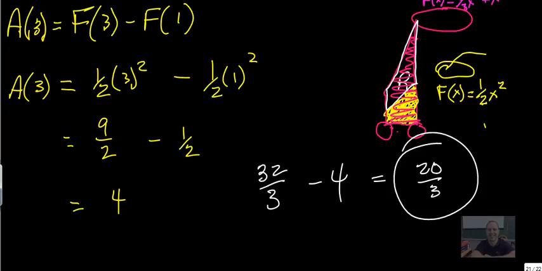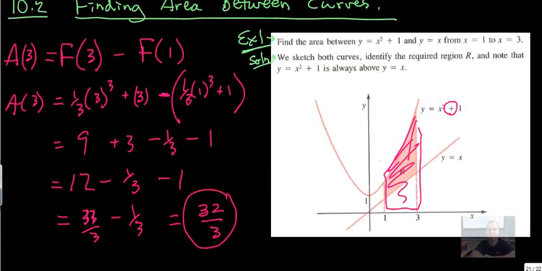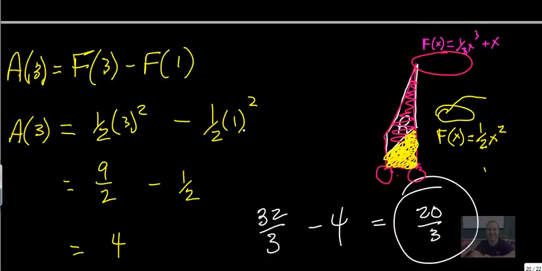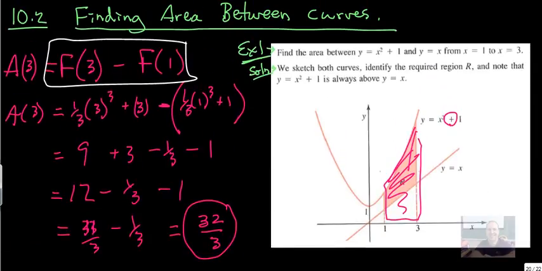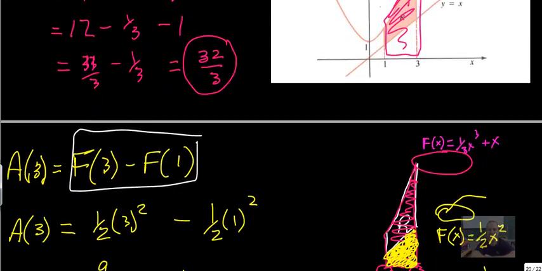Now that's taking separate areas and subtracting them. Now, as I mentioned before, because we're doing the same sort of thing for each antiderivative here, taking the difference, upper boundary, lower boundary, we can consider these two area functions and really take the difference of them.